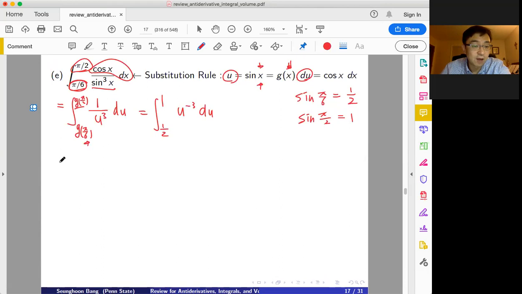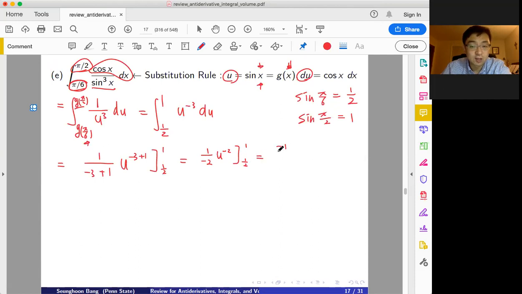Next, find the antiderivative. 1 over negative 3 plus 1, u to the negative 3 plus 1, from 1 over 2 to 1. This is negative 2. 1 over negative 2, u to the negative 2 from 1 over 2 to 1.